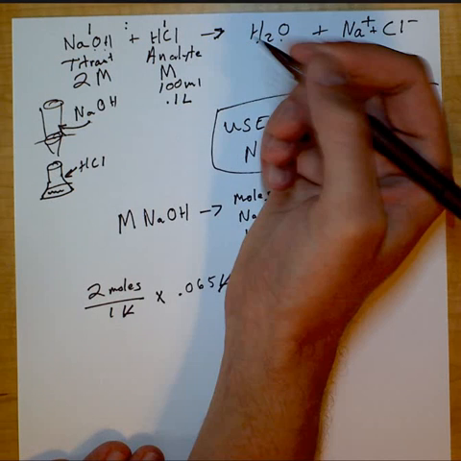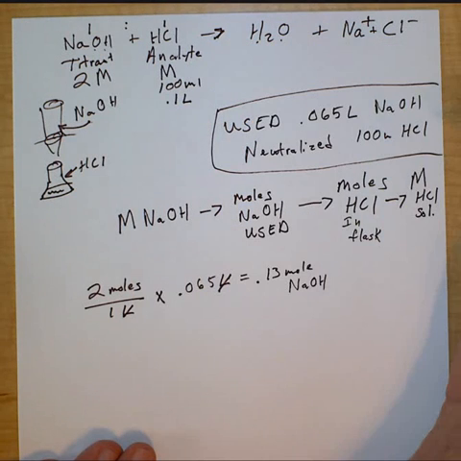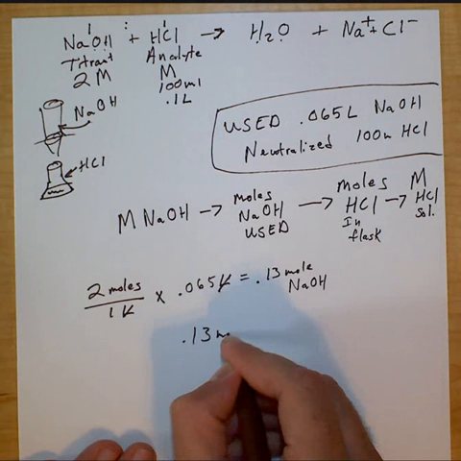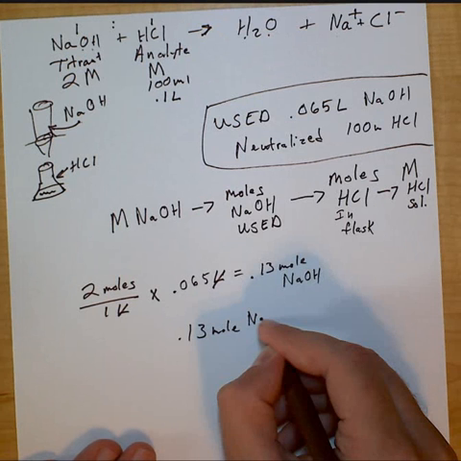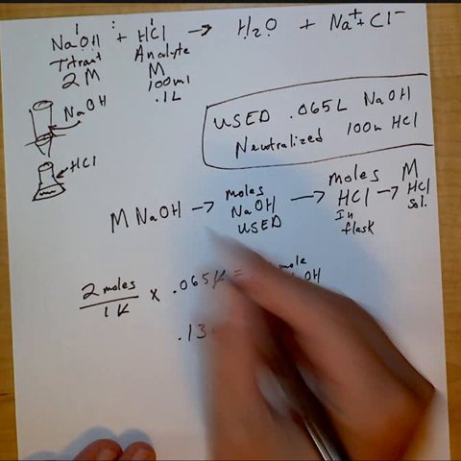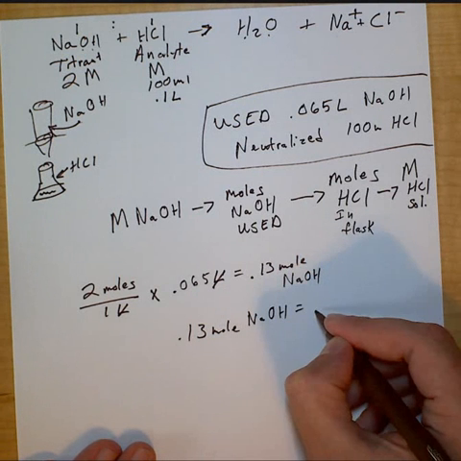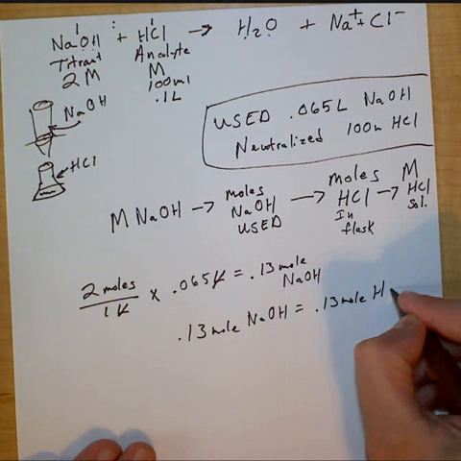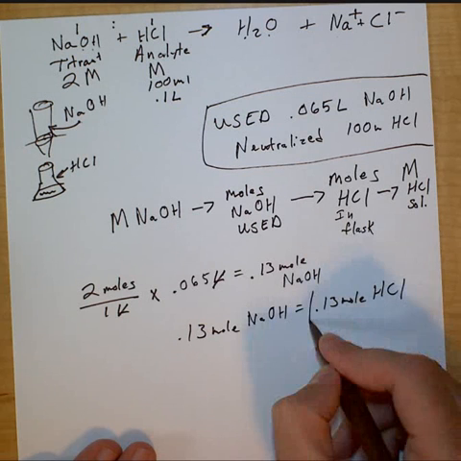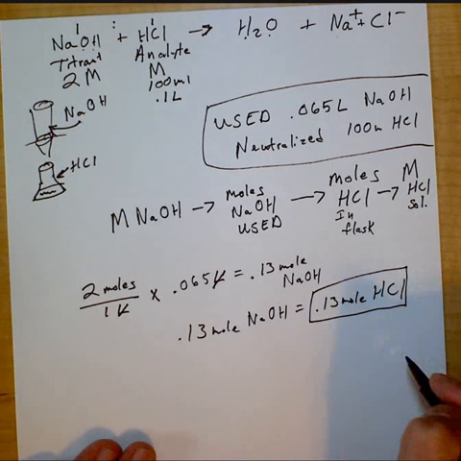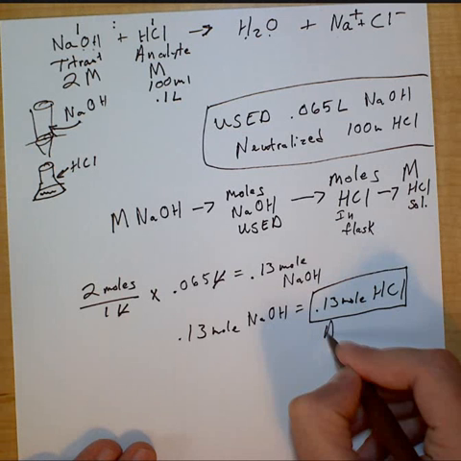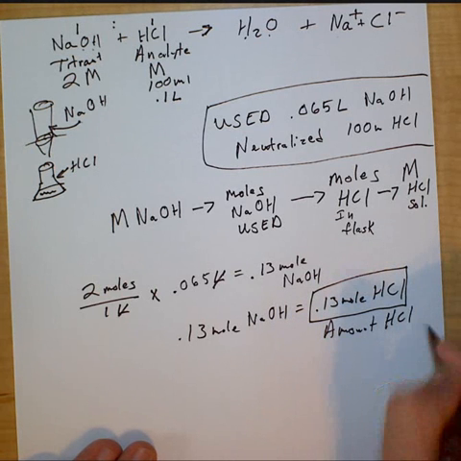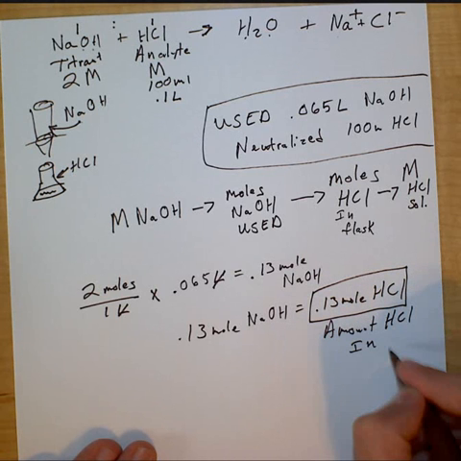So 0.13 moles of NaOH, when I neutralize it, is going to require 0.13 moles of HCl. This is how much acid, the amount of HCl, was in my 100 milliliter flask.